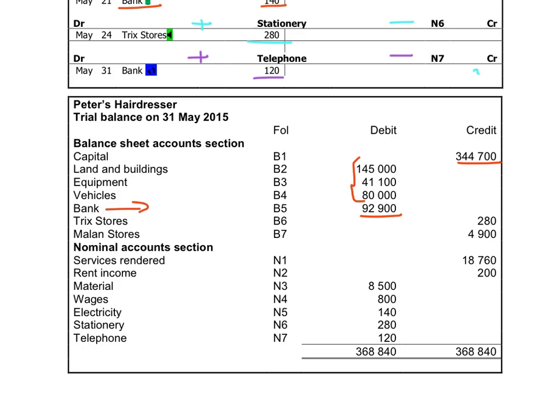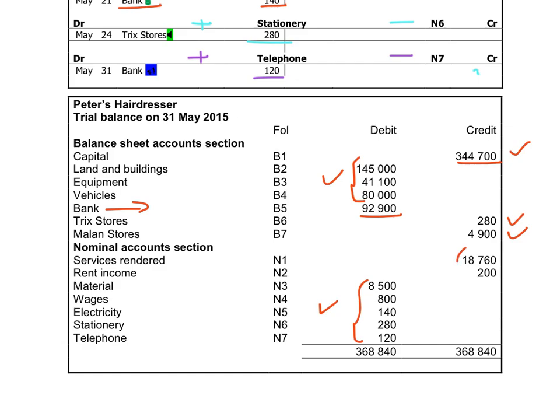To check yourself after you entered all these balances, you know that capital must always have a credit balance. Any liabilities must have credit balances. So there's my liabilities. And all my assets must have debit balances. All my expenses must have debit balances.